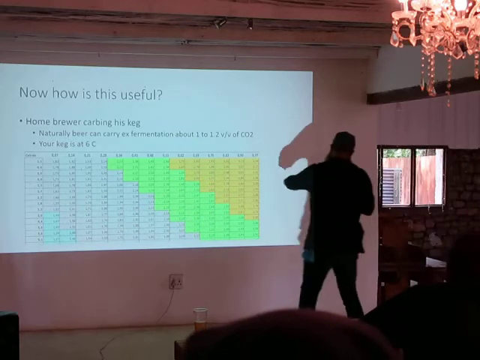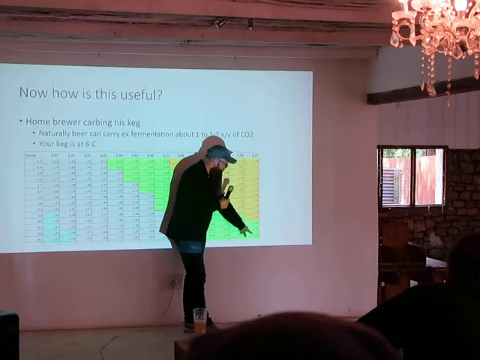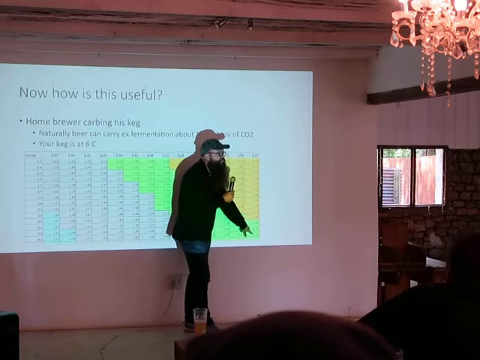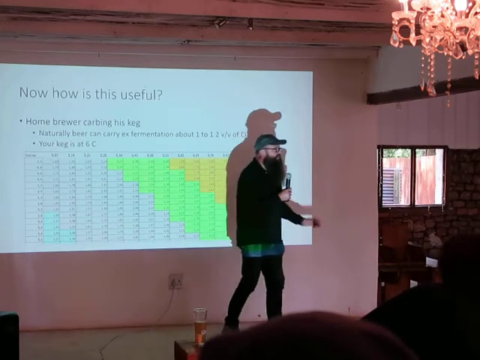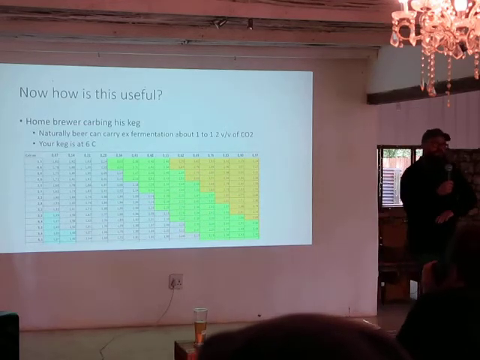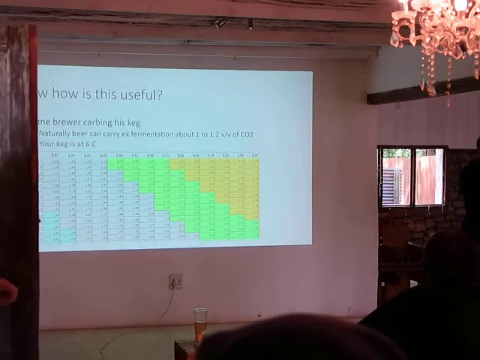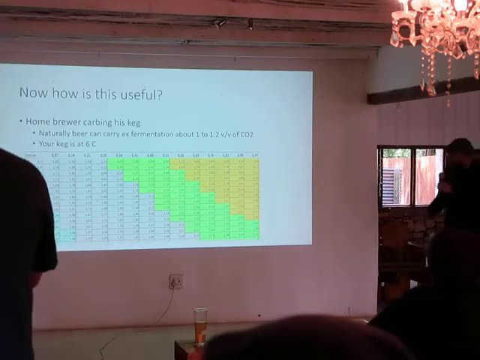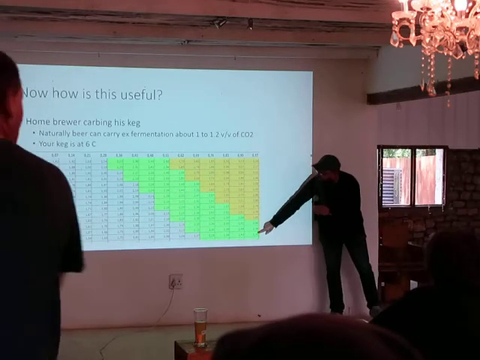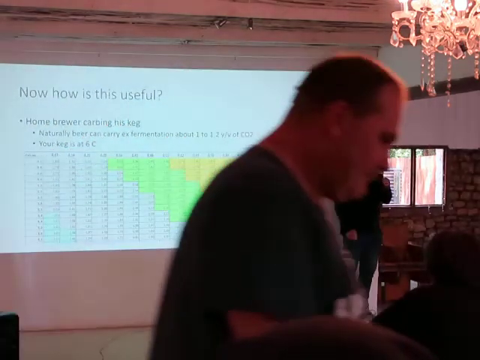If there's only 1 bar pressure, that's the only amount of CO2 you'll dissolve in that liquid at 6 degrees Celsius. You're not going to dissolve more, that's just not how it works. You might dissolve a little bit more, but as soon as you stop, it goes back into equilibrium, and at 6 degrees and 1 bar pressure it will be about 2.5.